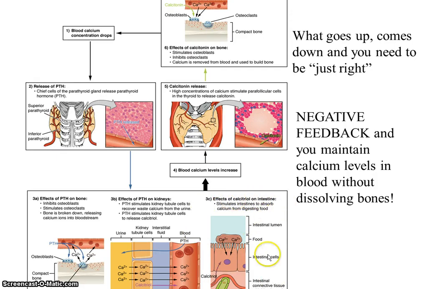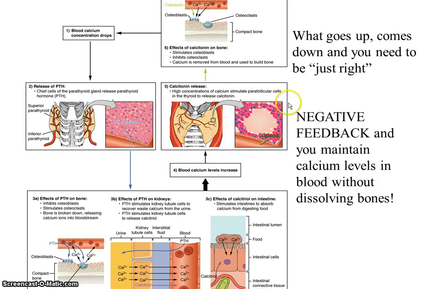Once we get calcitriol made, active vitamin D, we would see more movement of calcium from the middle of the tube where our food is, into our cells and then into our blood, thereby raising the calcium levels. That's the key here. All of these increase calcium in the blood.